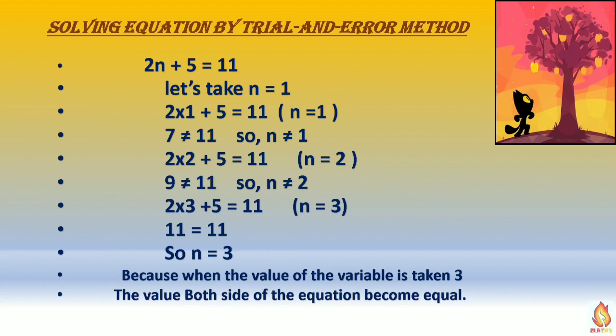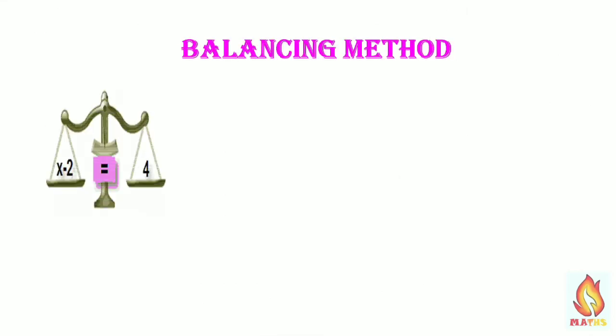Now another method is the balancing method. So what is the balancing method? Just take the example of a balance. In a balance, both pans are separated by the balancing beam, which is the sign of equality.